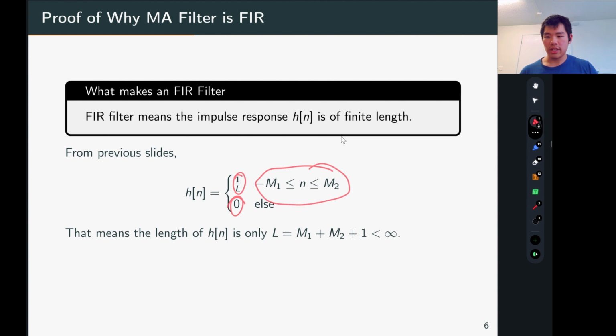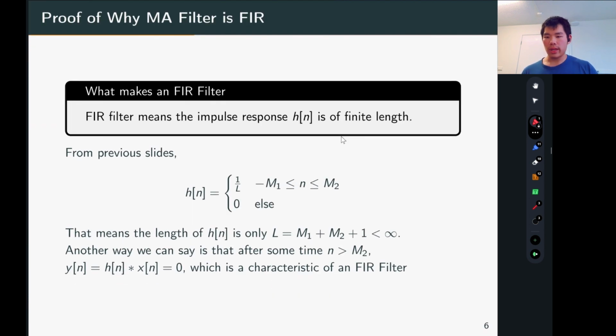That means the length of h of n is only the length of the filter, which is definitely less than infinity, assuming that M1 and M2 are finite, of course, but that's always the case. Another way we can say that is that sometime past M2, the convolution is going to be 0. So that's what I said earlier, that it's going to dial down eventually to 0. And that's a characteristic of an FIR filter.